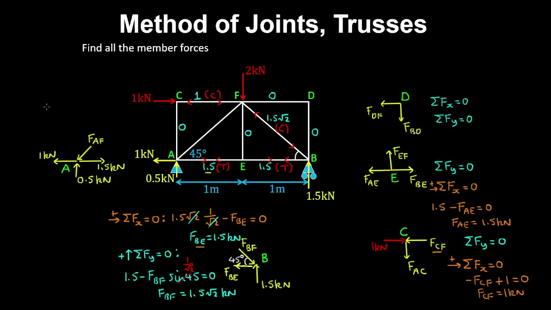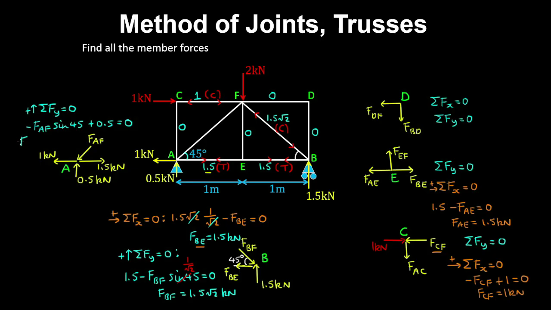And now if we take a vertical force equilibrium of this joint, with upwards being positive, we have minus FAF sine 45 degrees, which gives the vertical component, plus the 0.5 kilonewton reaction is equal to 0.